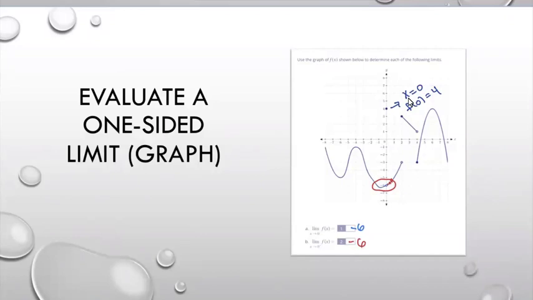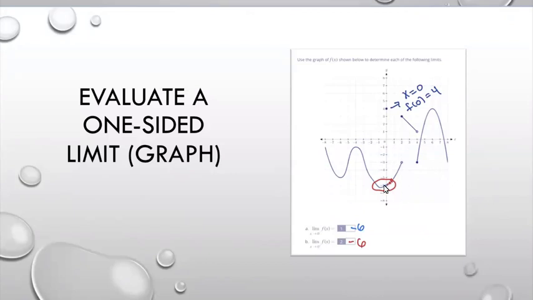If we want to know what is the value of the function when x equals 0, we plug it in, we find f of 0. Oh, that's 4. That is the value of the function when x equals 0. That has nothing to do with the limit. The limit is just the value the function is approaching, not the value where the function is defined.